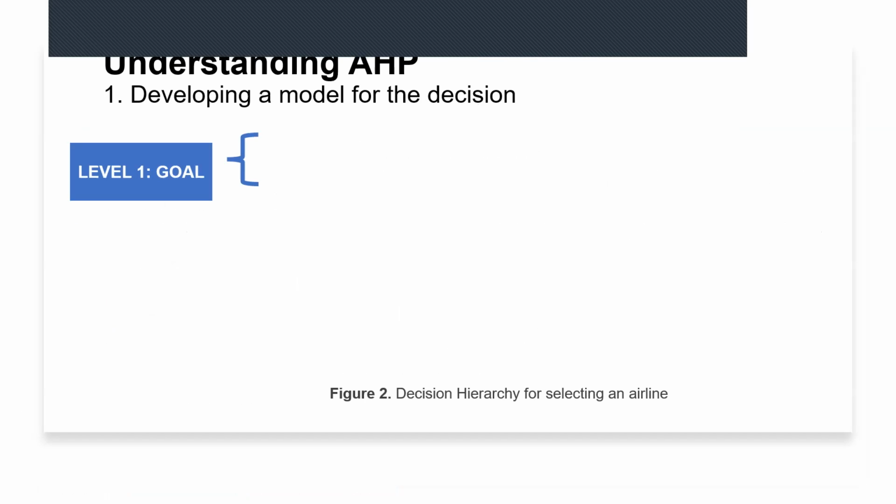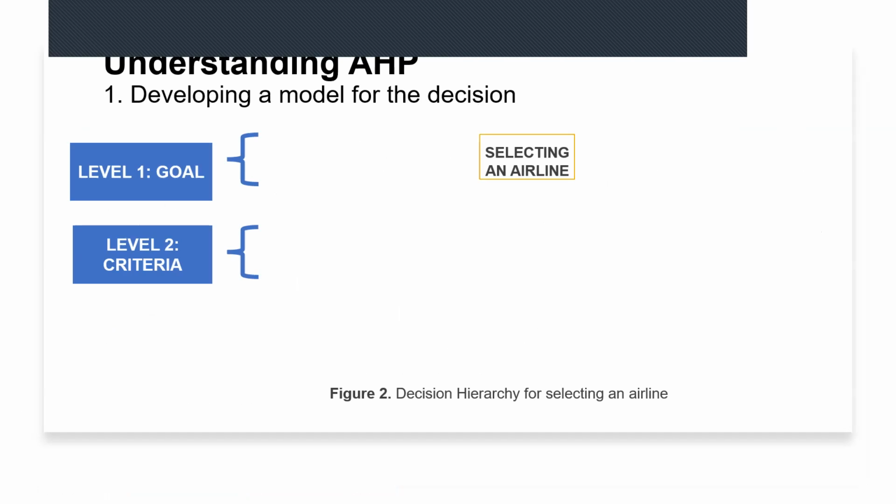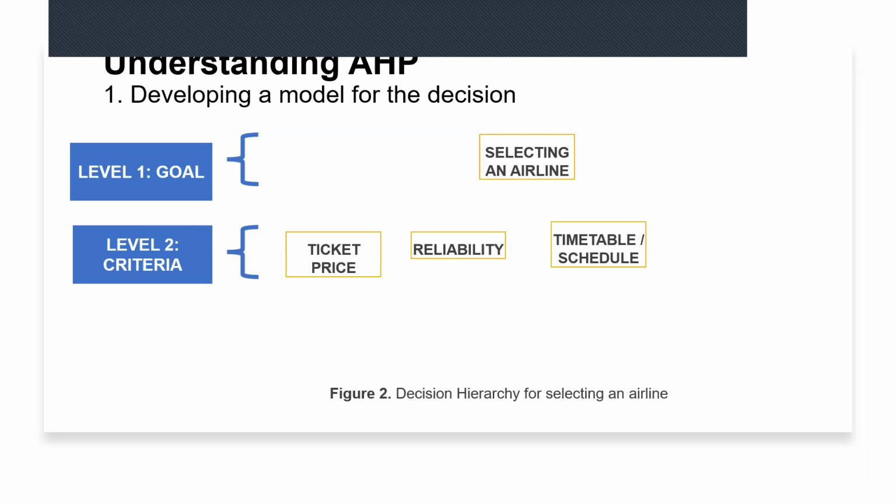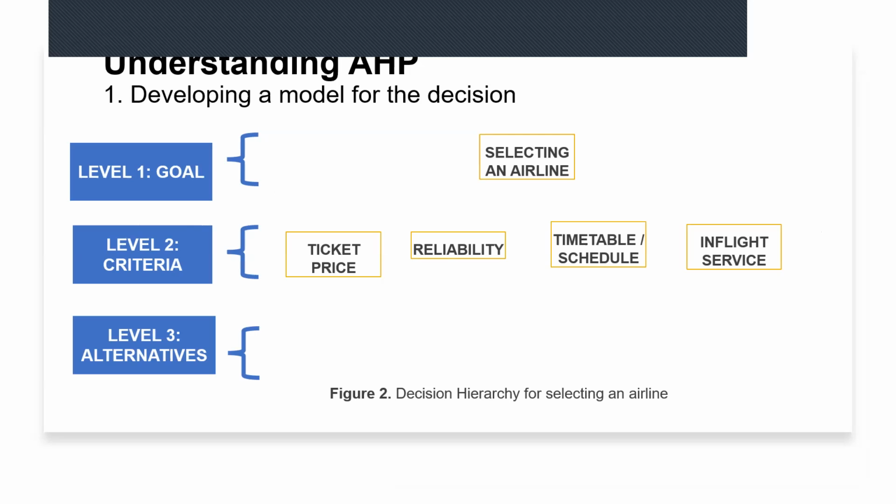So level 1 is the goal. So select an airline for this particular destination. And then level 2 is the criteria. So I established 4 criteria: ticket price, reliability, time schedule, and in-flight service. And then the last one will be airline 1 and airline 2 as my alternatives.